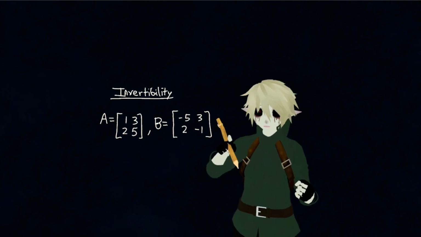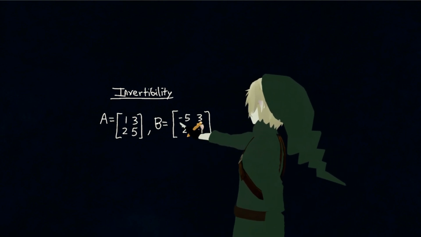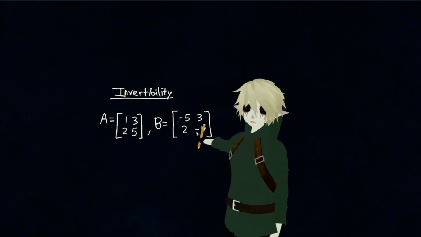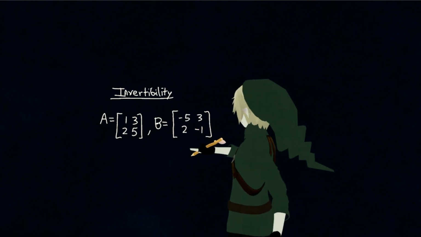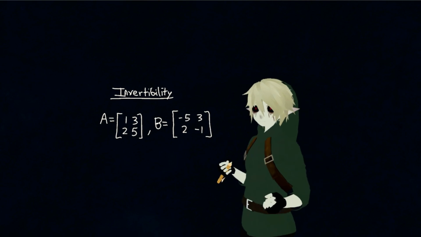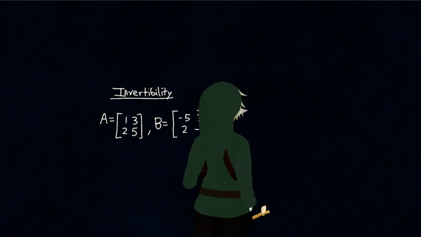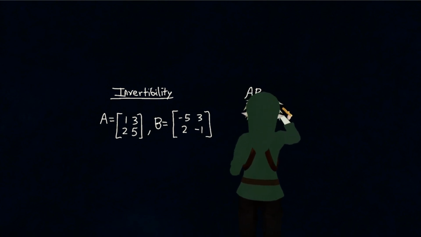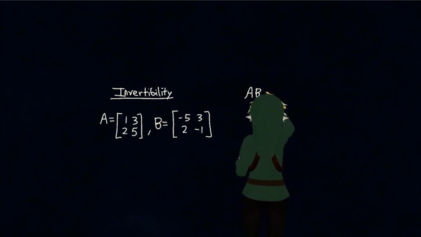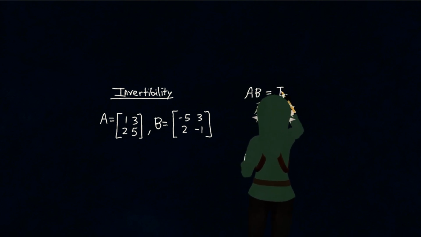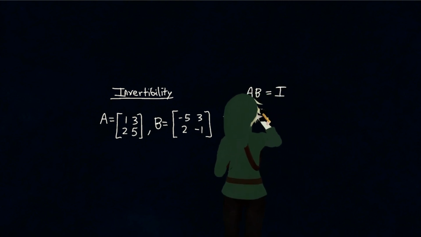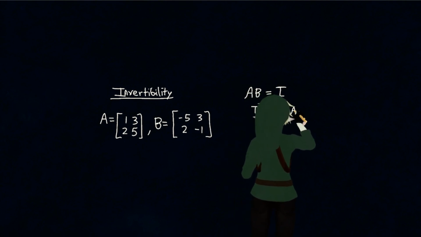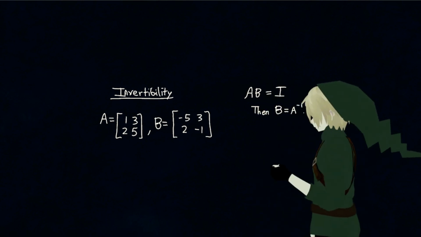My question to you is, let me put it this way. Is B an inverse of A? How do we check that? Here's how we check this. If we multiply A times B, and it equals our identity matrix, then B is equal to the inverse of A. Okay?